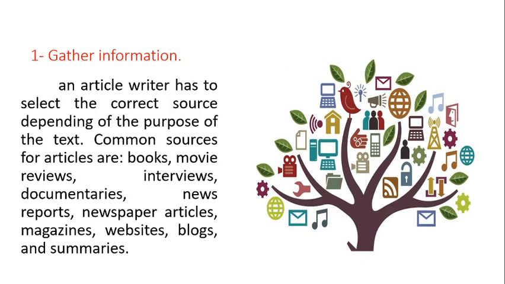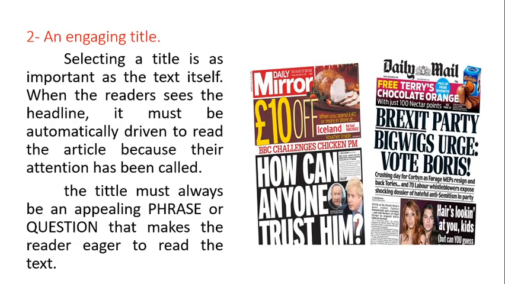When you have all of the information, check where you can get it. The sources can be books, movies, reviews, interviews, documentaries, news reports, newspaper articles, magazines, etc. Try to check the information, and when you have it all, select it for creating your title.